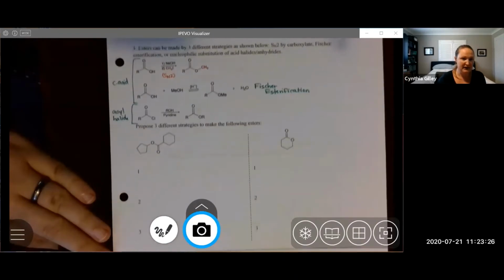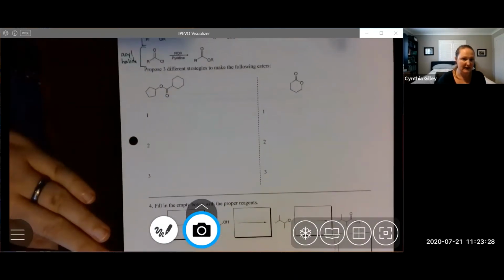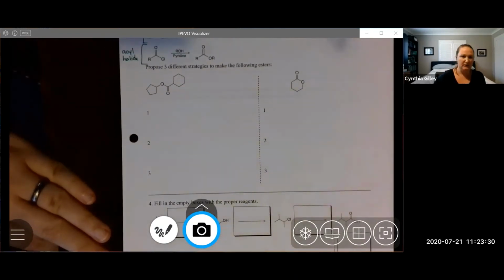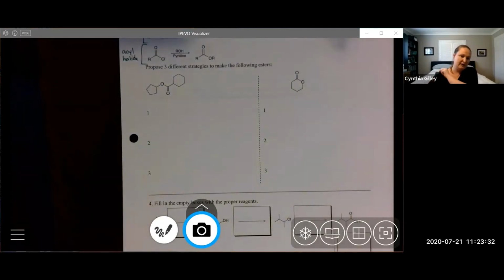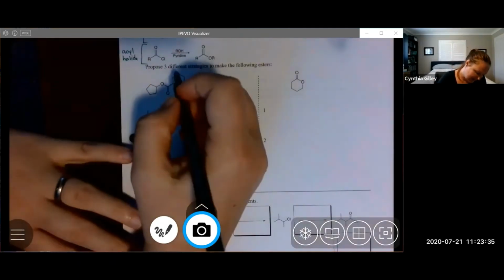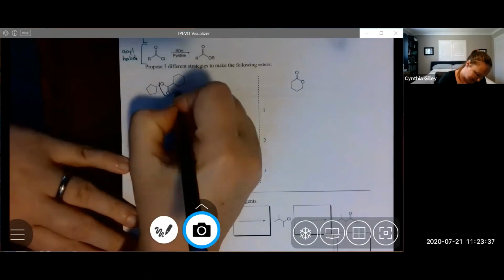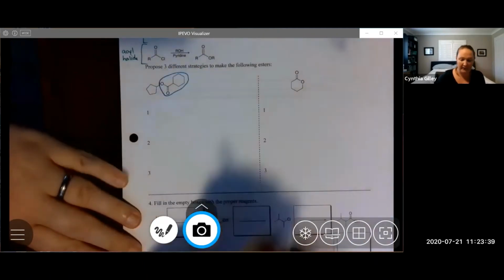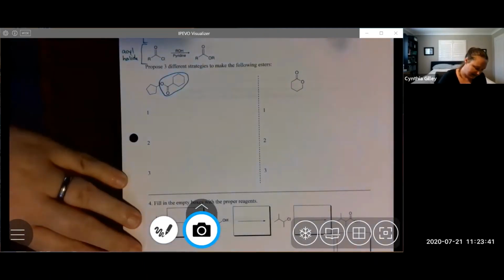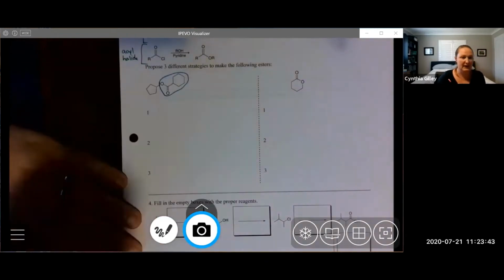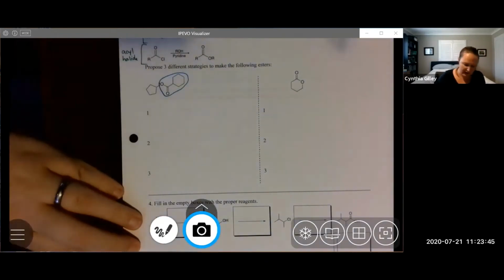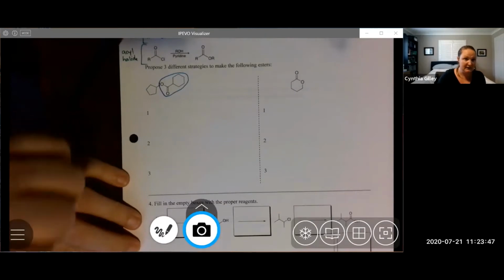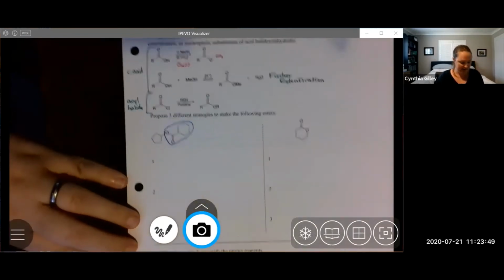Okay, so let's look at some strategies to make these esters. You can see that this side is the carboxylic acid side, and this side is the R group side. Two of these reactions start from a carboxylic acid, the first two.